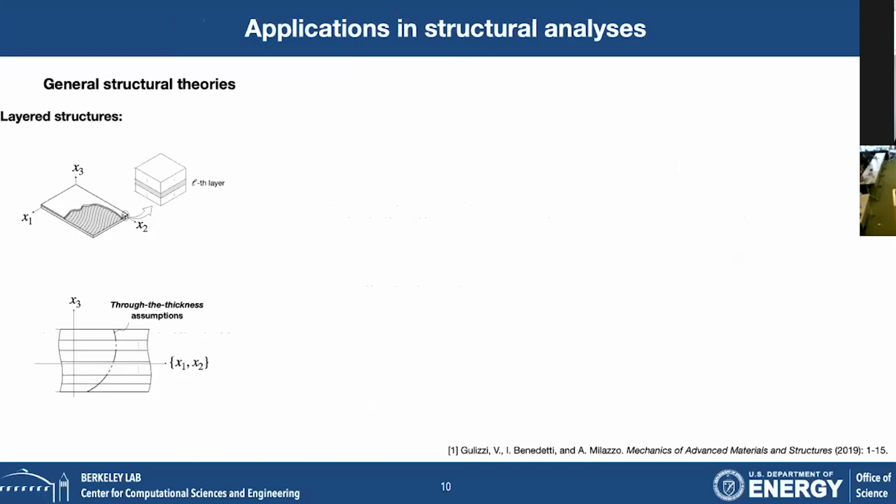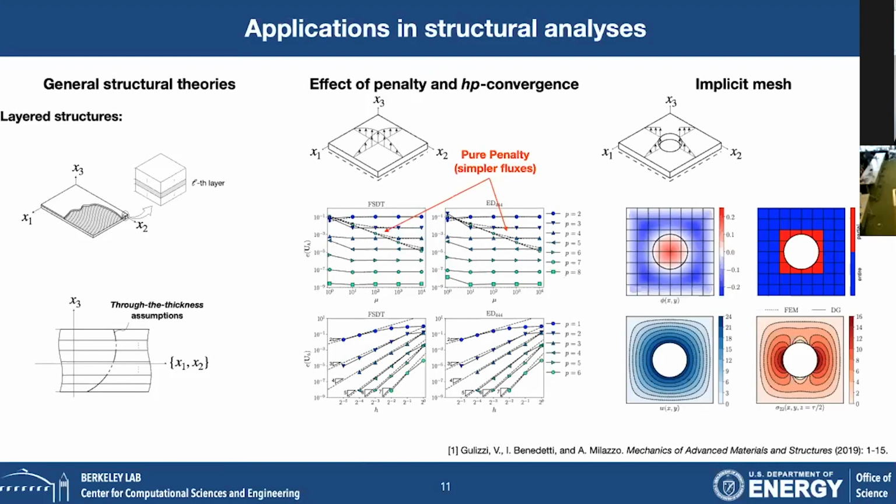In this particular case, you have a plate-like structure, like layered structures, and you introduce certain approximations on the solution throughout the thickness. In this way, your governing equations change, and you end up with elliptic partial differential equations of the same form as the one that I showed you before. And these are some results that I obtained.